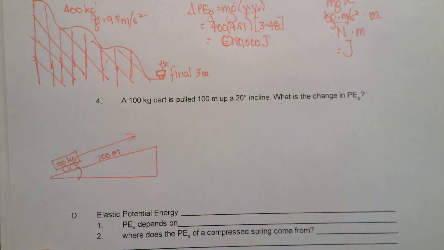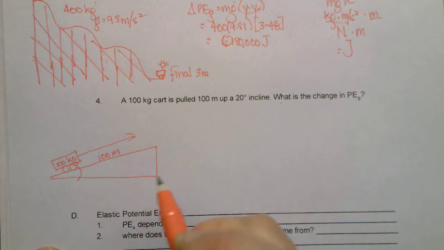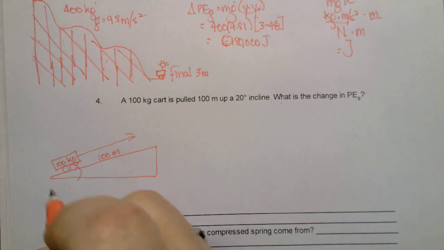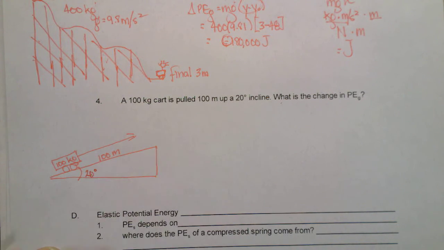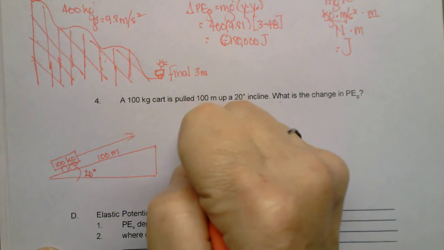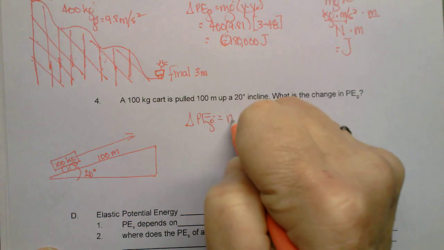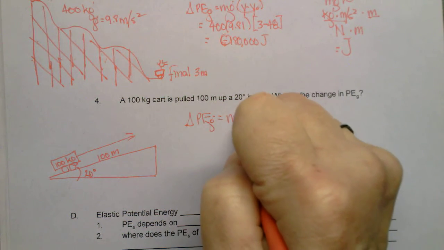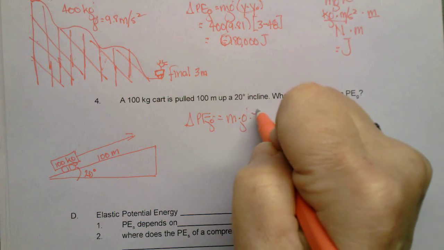And all they're asking for is the change in potential energy. They're not asking for the work that's being done in this. So all I'm worried about is how much potential energy am I changing. This is 20 degrees. So for delta PEG, I need my mass, okay, got that, times acceleration due to gravity, okay, got that, times the height.